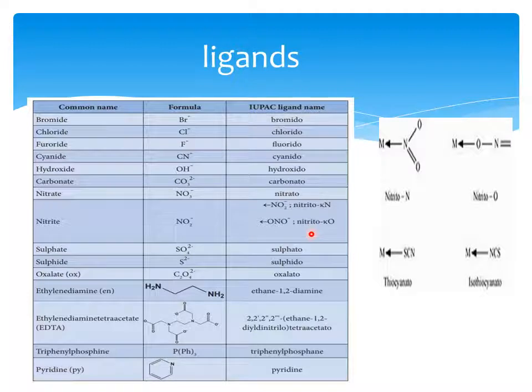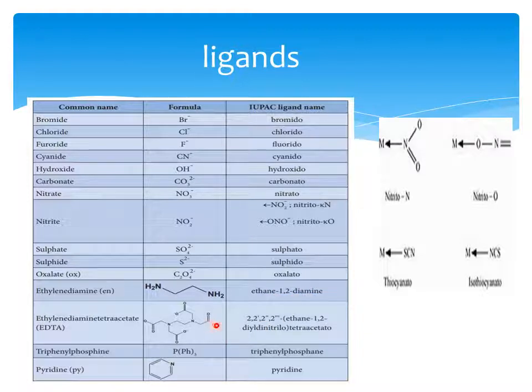The only difference is whether it is making the bond through N, so you represent N first, then you write O. The next one, sulfato, SO4 2 minus, the name is sulfate, we used to say, E is replaced by O. Likewise, sulfide, sulfido, oxalato, and this is the neutral ligand, its name is ethane 1,2 diamine.